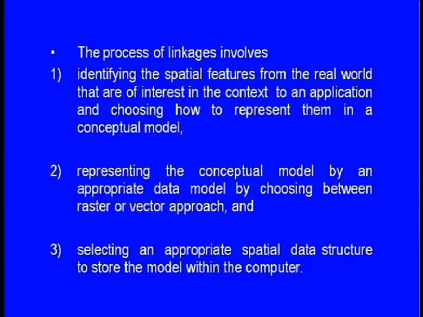The process of linkage involves, number 1, identifying the spatial features from the real world that are of interest in the context of an application and choosing how to represent them in a conceptual model. Second, representing the conceptual model by an appropriate data model by choosing between raster or vector approach, and third, selecting an appropriate spatial data structure to store the model within the computer.